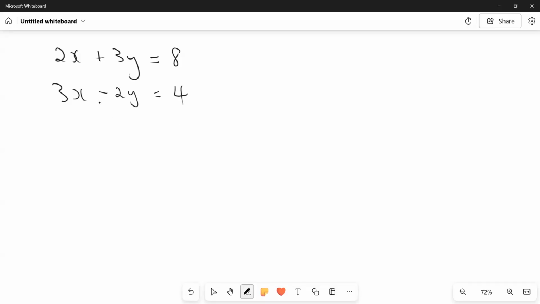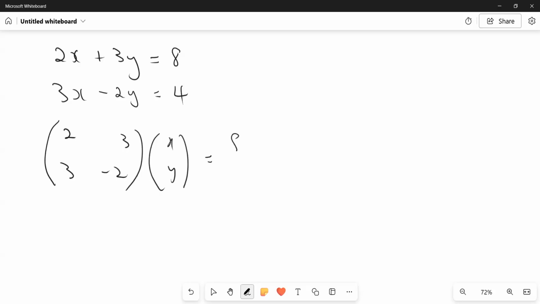So what we're going to do, we're going to write this in matrix form. So you get [2, 3; 3, -2] times [x; y] equals [8; 4], right? And we'll name this A, we'll name this X, and we'll name this B.